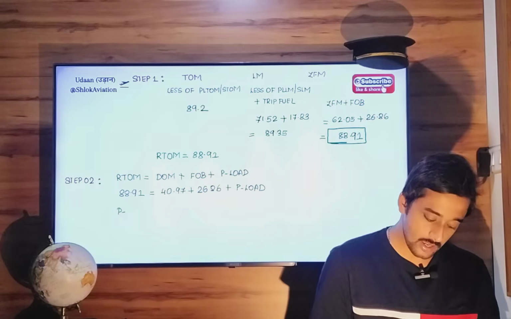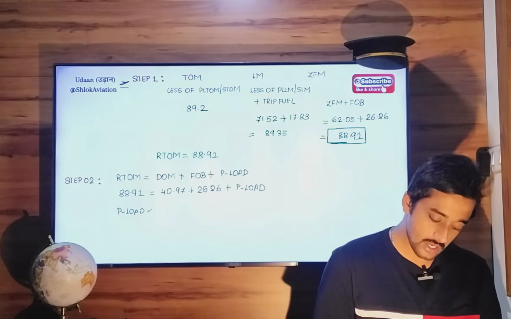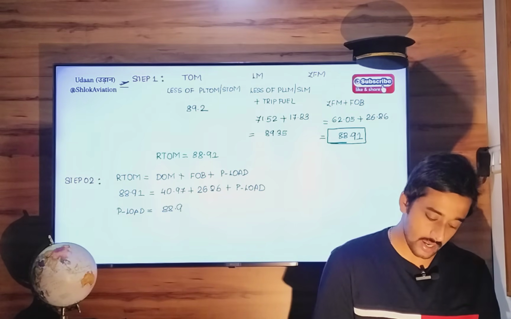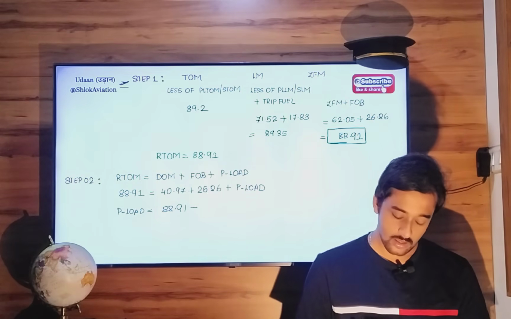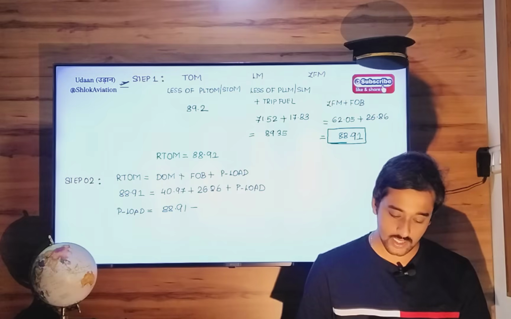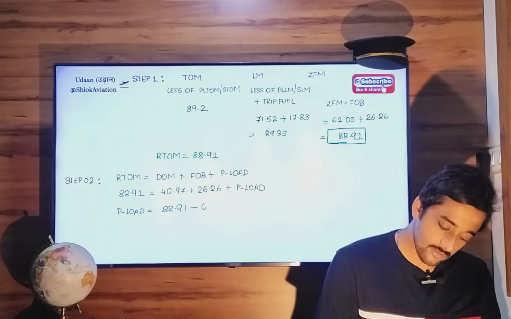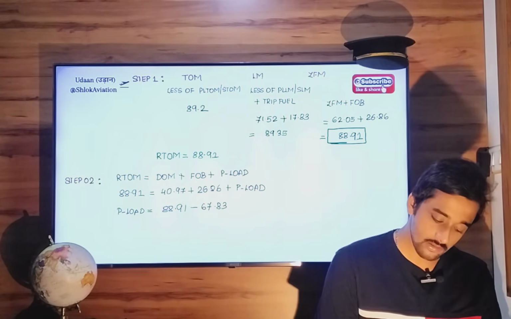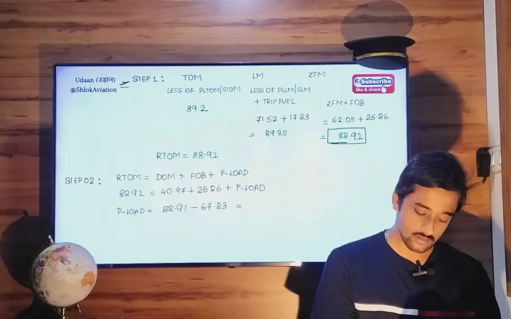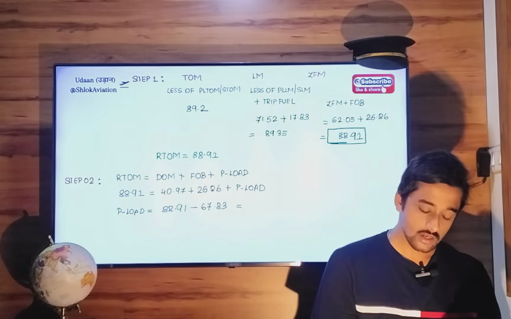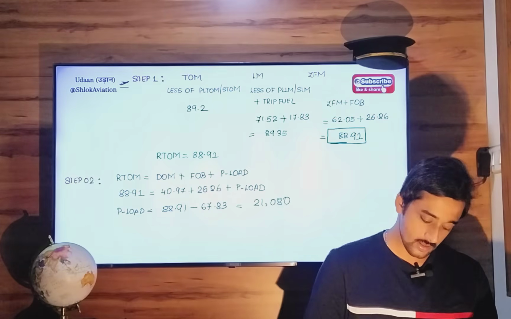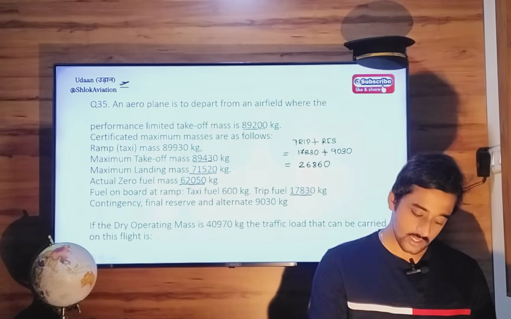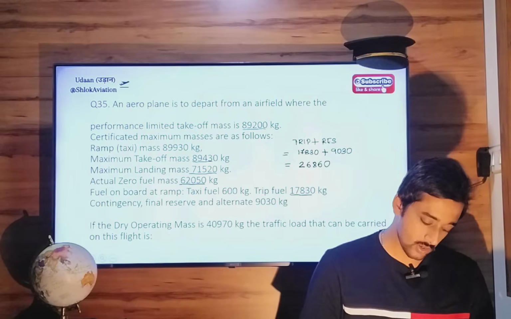So payload will be equal to 88.91 minus 40.97 plus 26.86, that is 67.83. That is equal to 21,080. So what is the payload? 21,080.